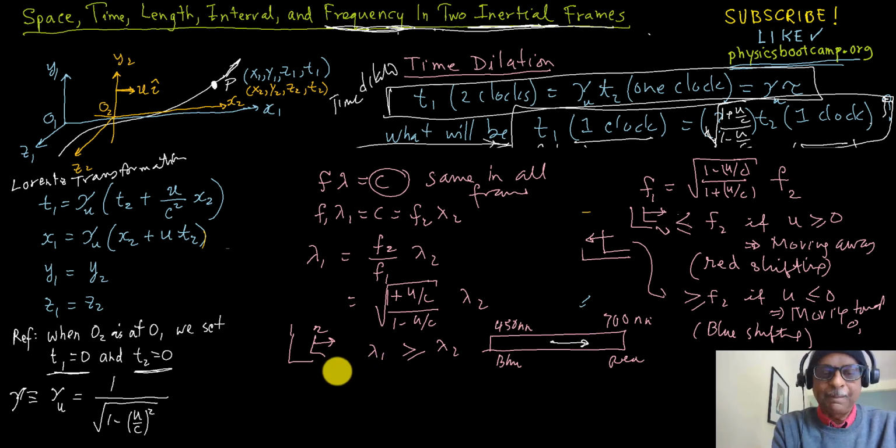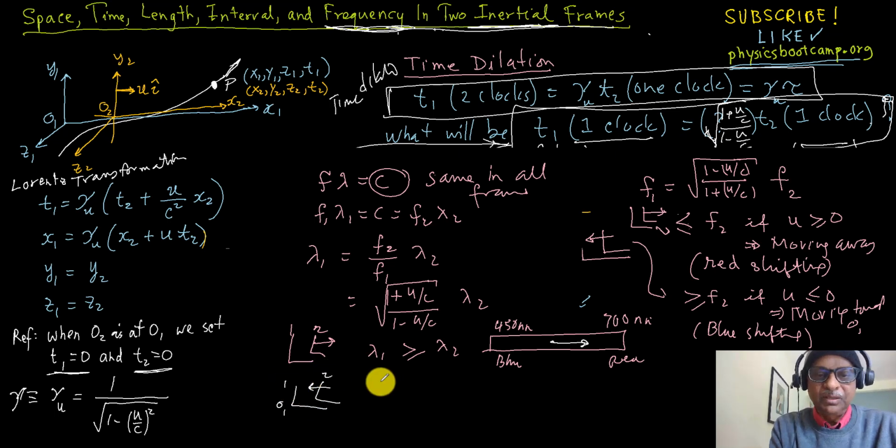The difference between them is called the red shift. Another situation is when this guy is moving towards O1, then lambda 1 will be less than or equal to lambda 2, and so this will become blue shifted.